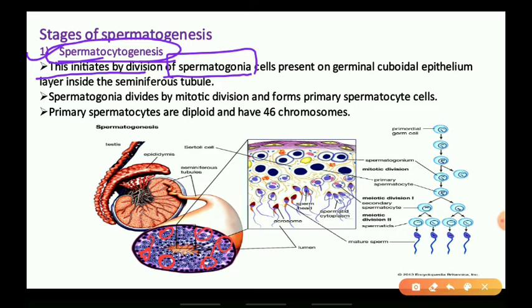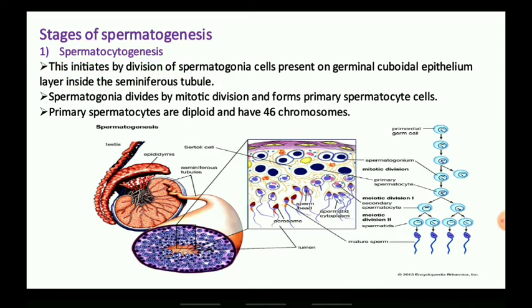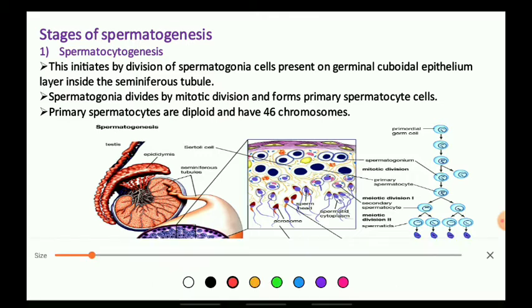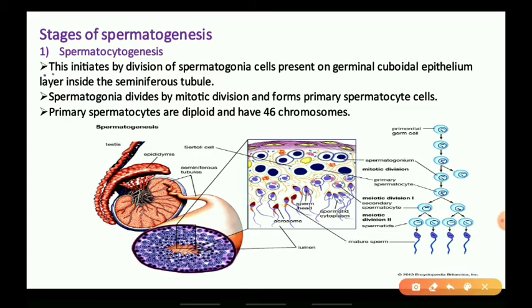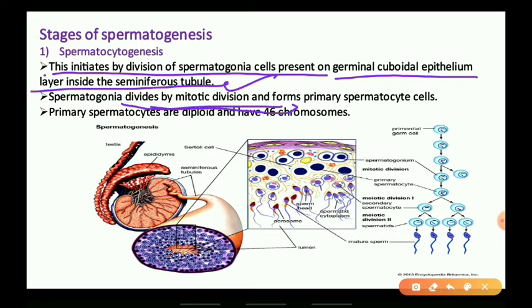These spermatogonia cells, which are present on the germinal cuboidal epithelium layer in the inner wall of the seminiferous tubule, start undergoing mitotic division. See here, these are the spermatogonia cells.